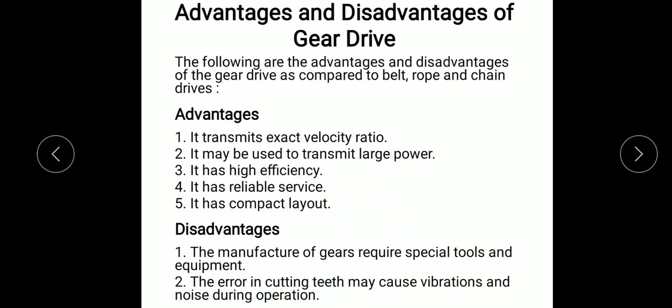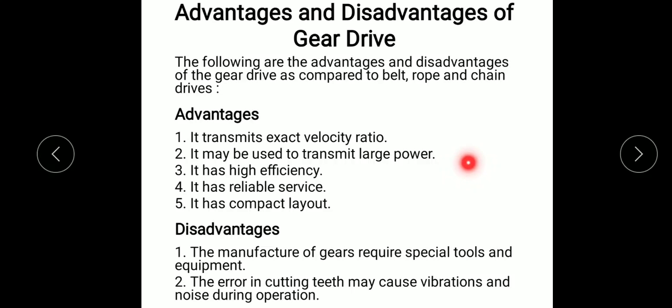And now we will discuss why we are using gear drives. What are the advantages and disadvantages of gear drive? There are plenty of advantages and some disadvantages for gear drives. First one is it transmits exact velocity ratio. That is, it does not have any reduction or loss in speed. It may be used to transmit high or large power.